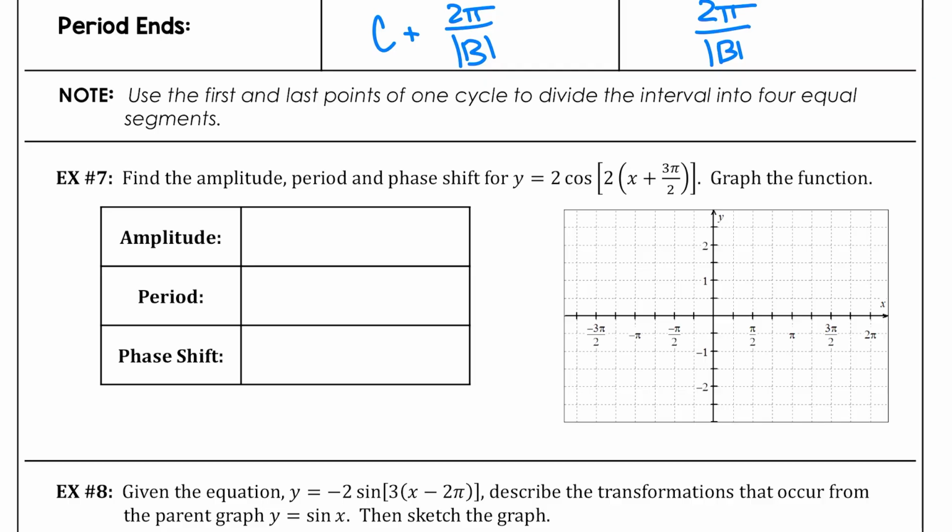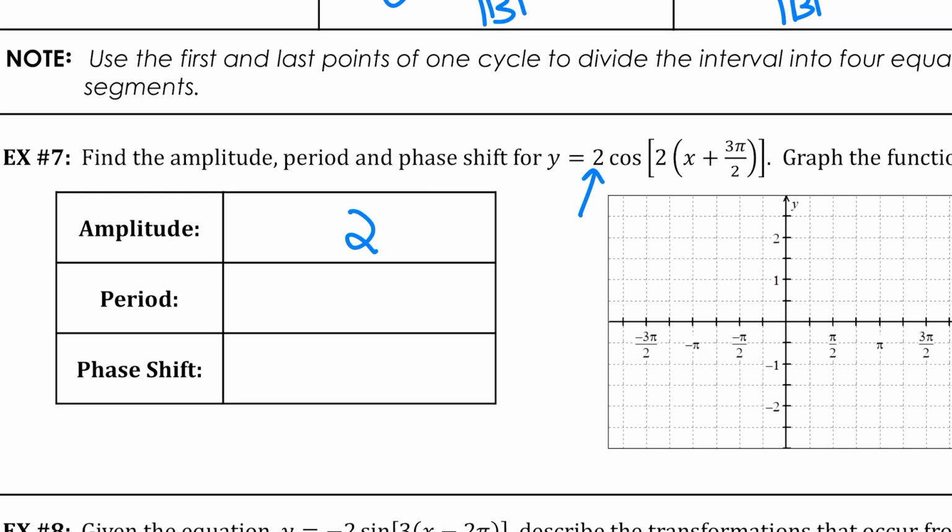So our amplitude, we know, is going to be the absolute value of that 2, so it's 2. All right, and then our period is going to be related to our B value here. So period's 2 pi over B, and we know that we have 2 pi over 2, so that means our period is just pi.